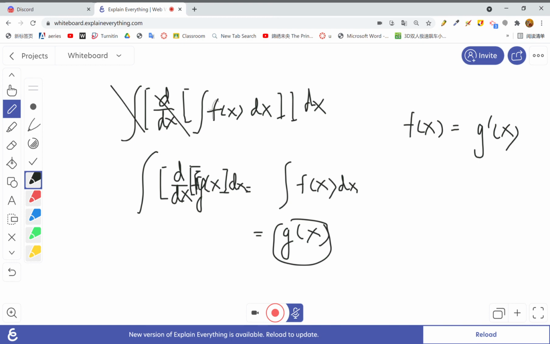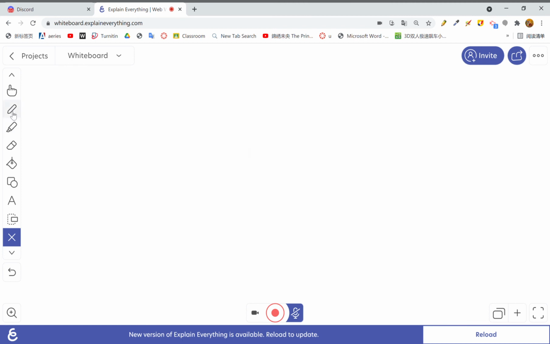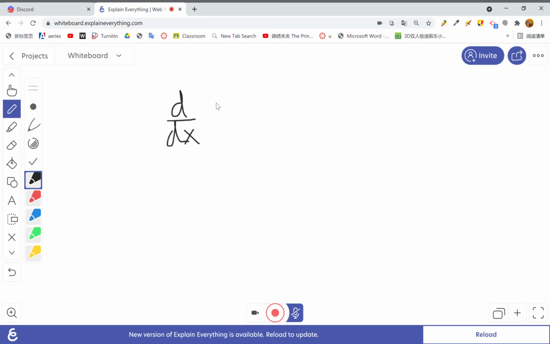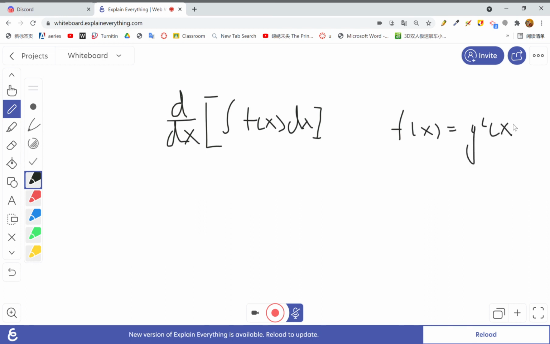Even if we try the opposite order, if you want to find the derivative of the antiderivative of f of x, we derive the same idea: f of x is the derivative of g of x.